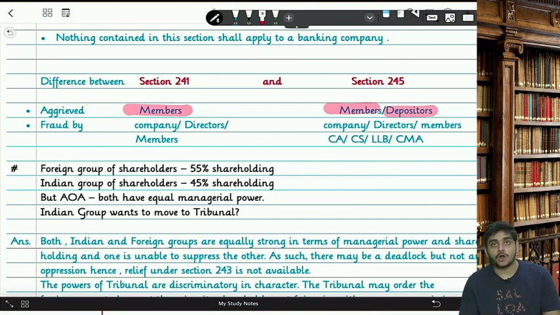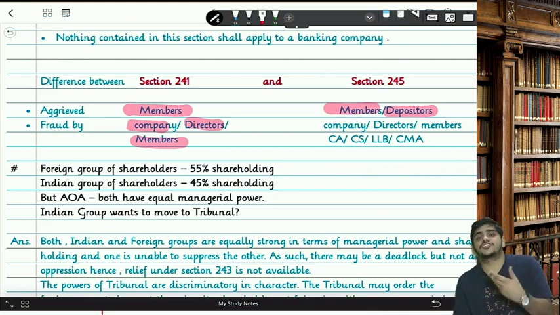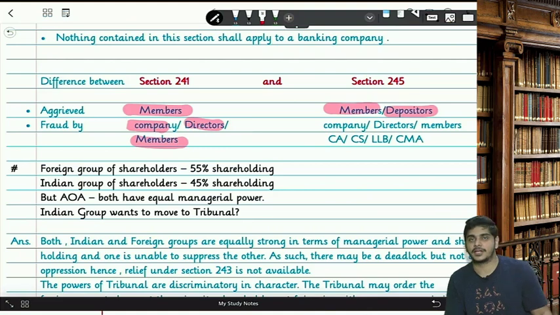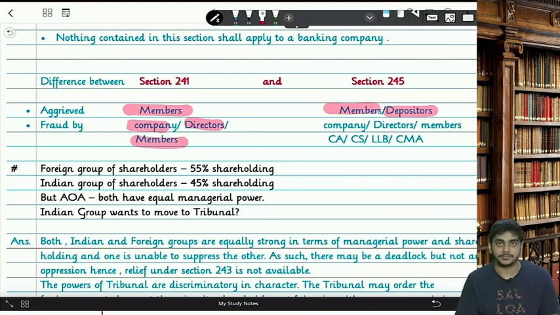And the wrongdoing in 241 has to be done by the company or the directors or the members. For example, majority shareholders are oppressing the minority, or the minority is overriding the majority, either of it. But in 245, the company is already covered, directors also covered, members also covered.